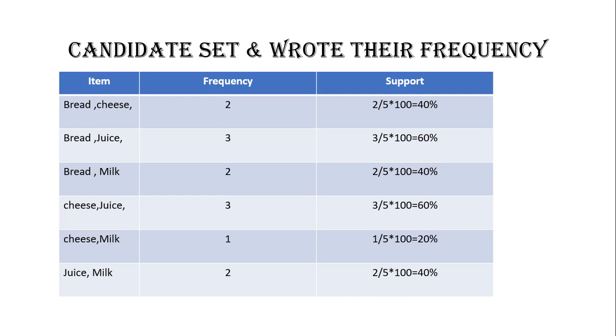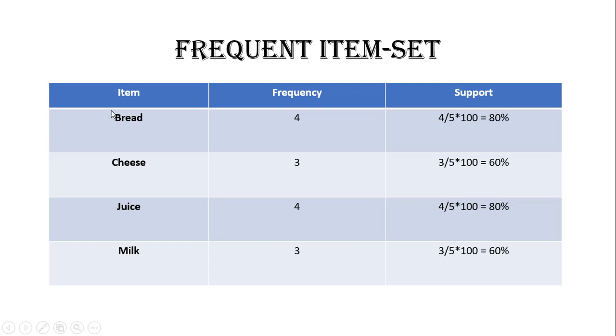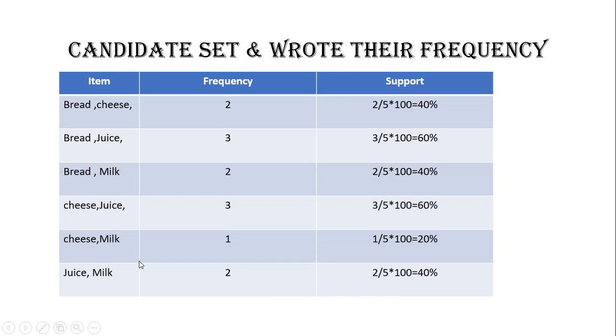After that we do the second step, which is the calculation of the candidate sets and writing their frequency. In that we have to take pairs of these products. In the previous step we have bread, cheese, juice and milk. One by one, bread is paired with cheese, bread with juice, bread with milk.